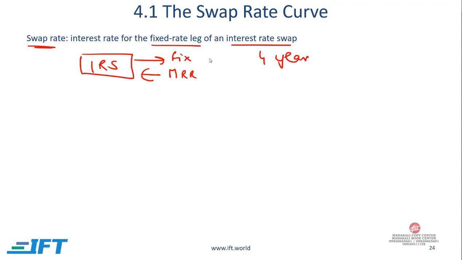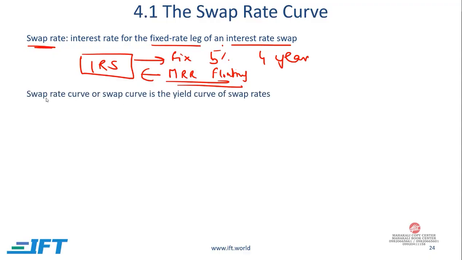For this 4-year swap, there will be a fixed rate. Say that fixed rate is 5%, and there will be a market reference rate which is a floating rate. If this swap has a settlement date every 6 months, then this will be a 6-month floating rate. The swap rate is this fixed rate.